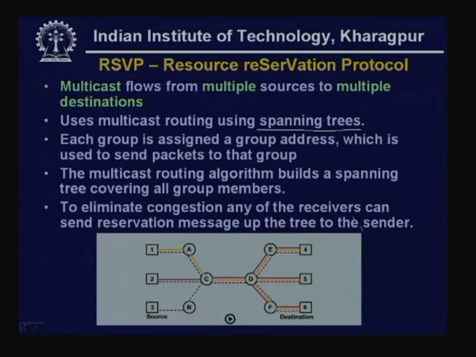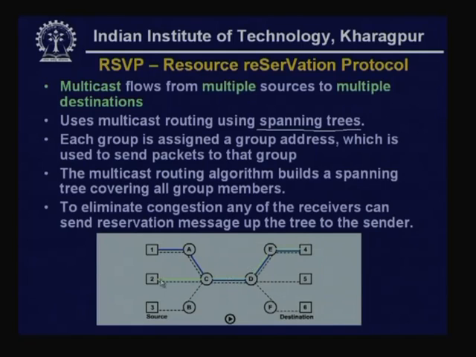Now let us see how this resource reservation can be done. So, suppose 4 wants some service from the source 1. So it will reserve resources along the network, the bandwidth and the data rate that is required. After that, the same node may decide to have another video from another source.